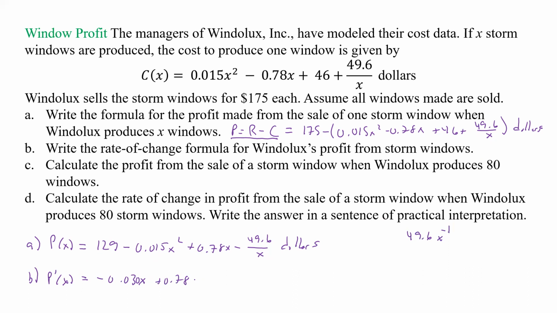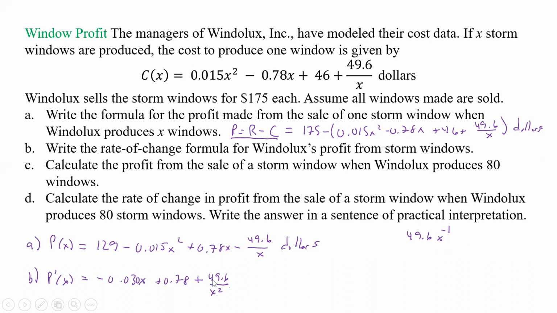So that's going to be minus a minus, so that's going to be plus 49.6. And then we can put it over x squared, or we can have x to the minus 2. It all depends on how you want to do it, because that comes down, and that becomes minus 1, so it becomes a minus 2.